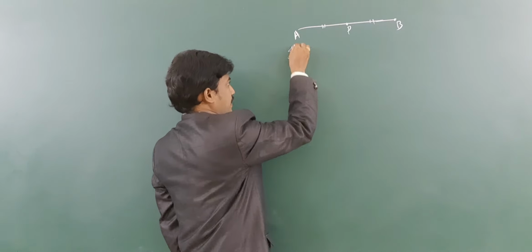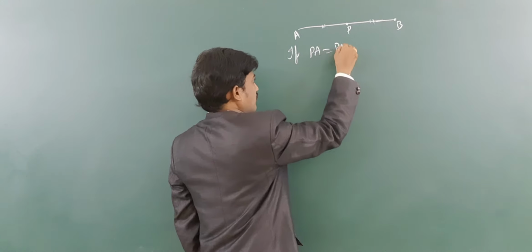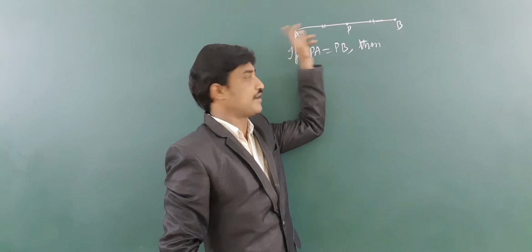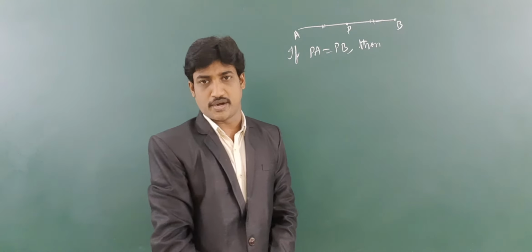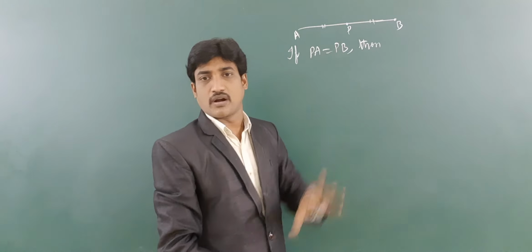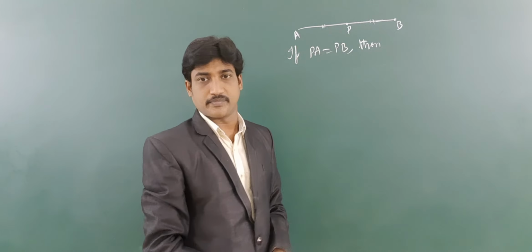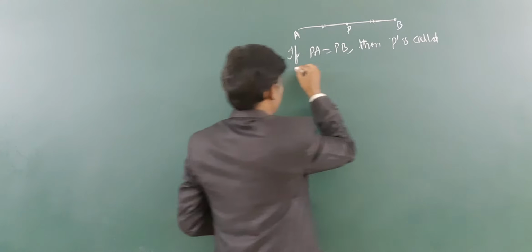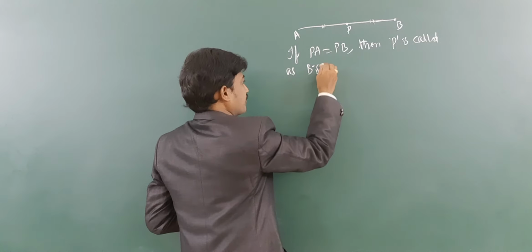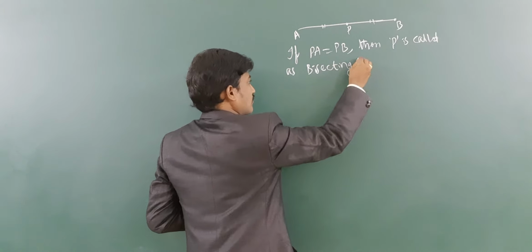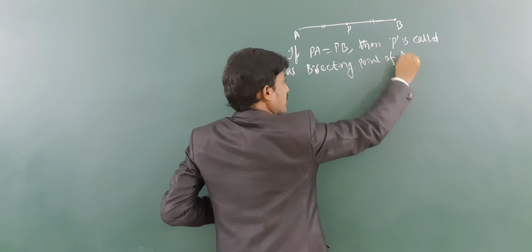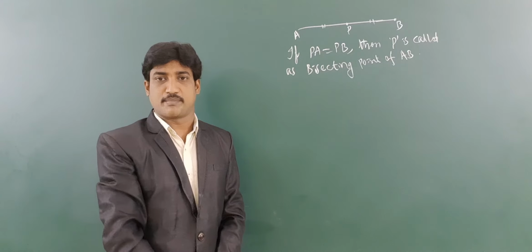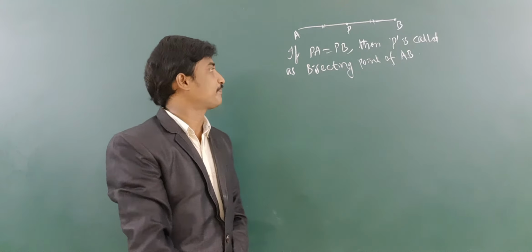If PA is equal to PB, then P divides this line segment into two congruent parts, so P is called the bisecting point of AB, as P divides this line segment into two equal parts.